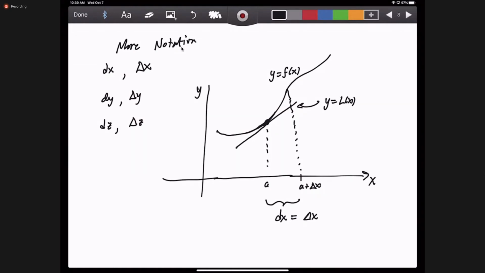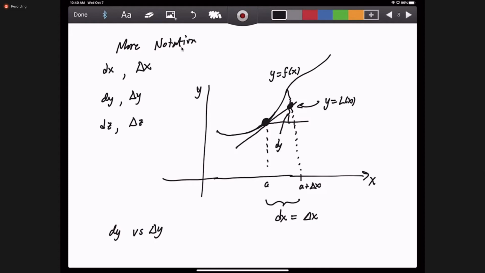In this context, we're going to make a distinction between dy and delta y. So the differential dy is the difference in the y values between our base point and the point on our tangent line approximation, or on our linear approximation, corresponding to moving delta x in x along there.